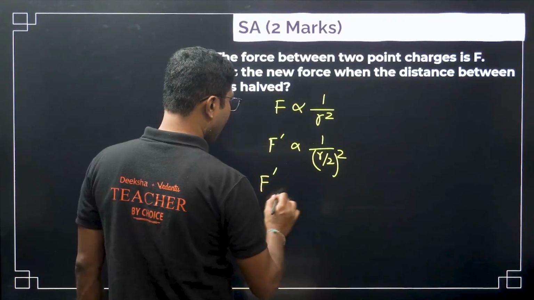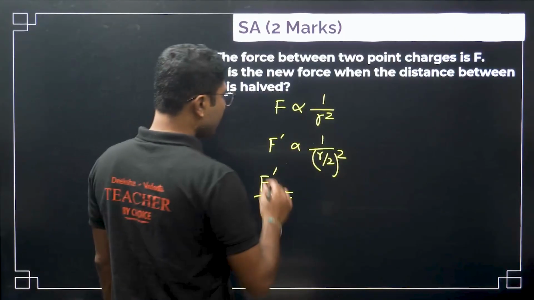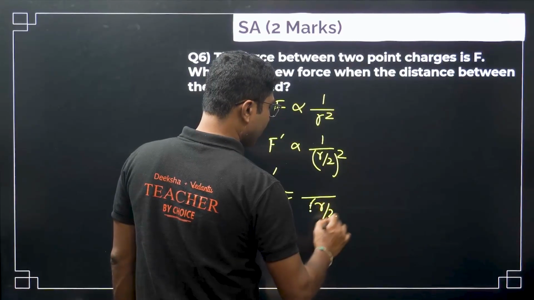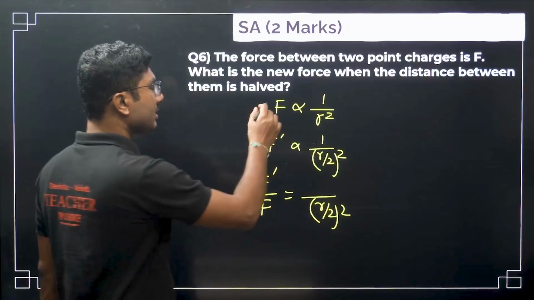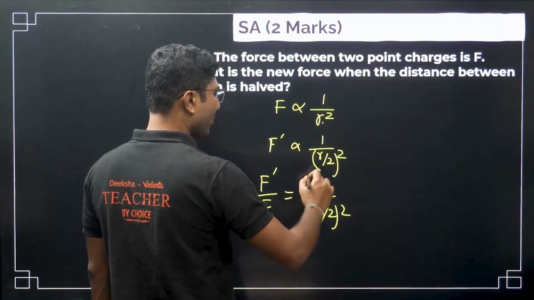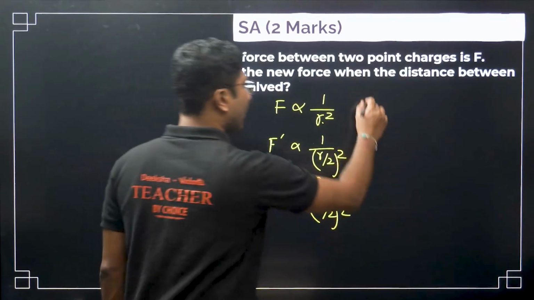F dash by F. You have to find the ratio first. So for F dash, r by 2 will be in the denominator, squared, and for F it is r squared in the denominator. That means it will be like this. So what is the relation?